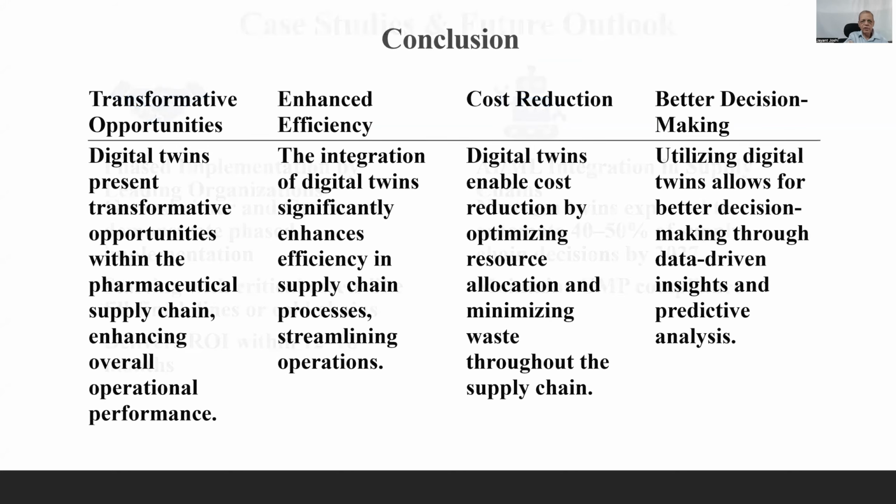So, coming to the conclusion, there are a lot of transformative opportunities. Digital twins can present transformative opportunities within the pharma supply chain that will enhance overall operational performance. Second, it will enhance supply chain efficiency by streamlining various operations.